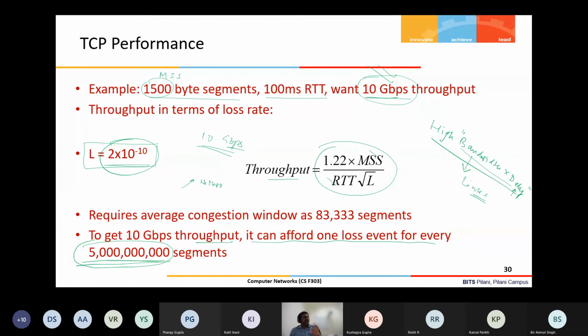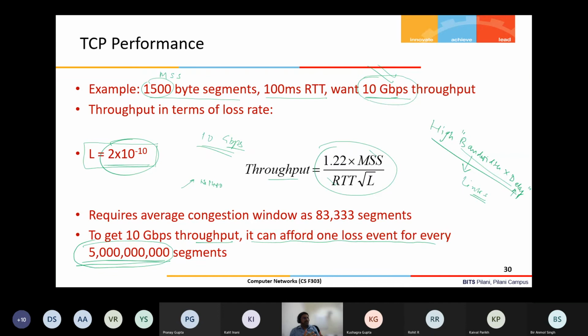And this happens because 80% of internet traffic is short flows. Just clicking a few links, and then it's over, right? Only 20% of the flows in the internet stay for a longer duration. And TCP gives slightly better performance when the connection stays for a longer duration.